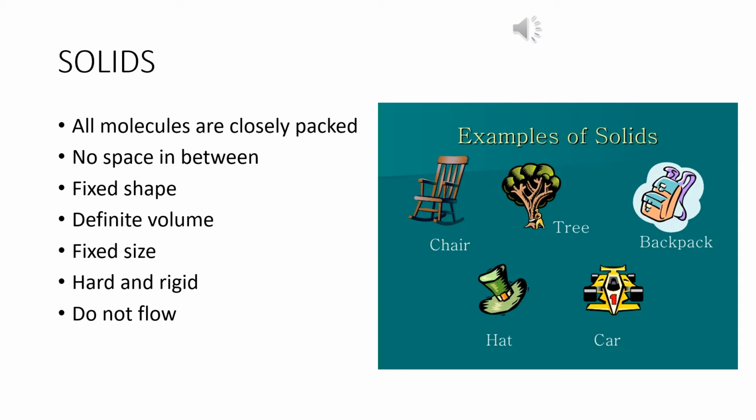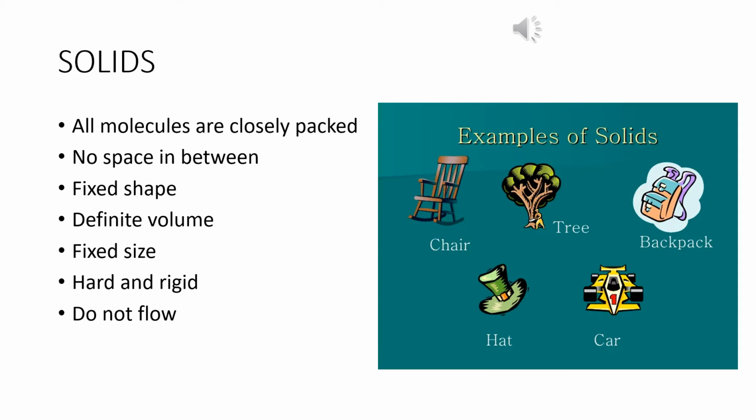If we could see solids under a microscope, we would see that they are made up of very small parts called molecules, and all of those molecules are very closely packed together. They do not have any space in between them.